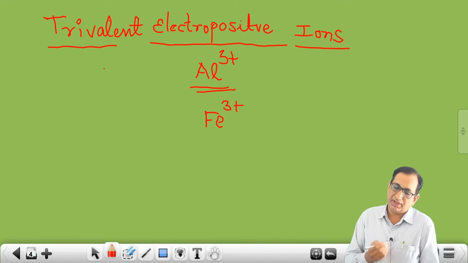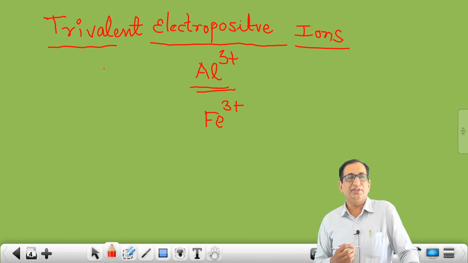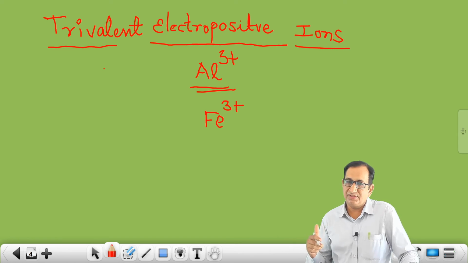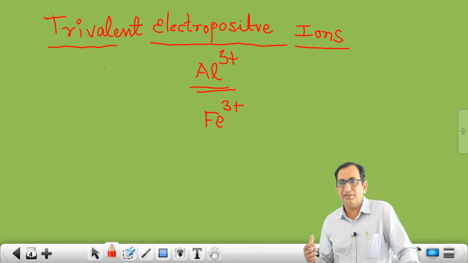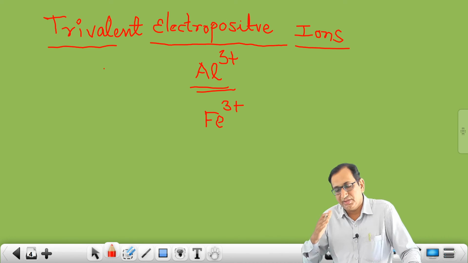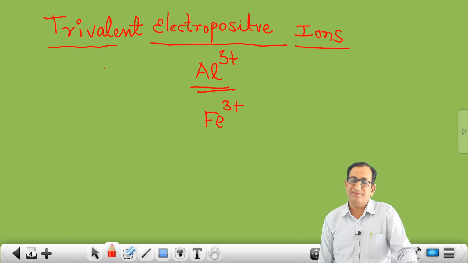Now you will say, sir, if valency +1 is there, you say we write us, and if valency 2 is there, we say ic, meaning ferric. If 1 is there, then ferrous. If 2 is there, then ferric. So now what about this valency 3?